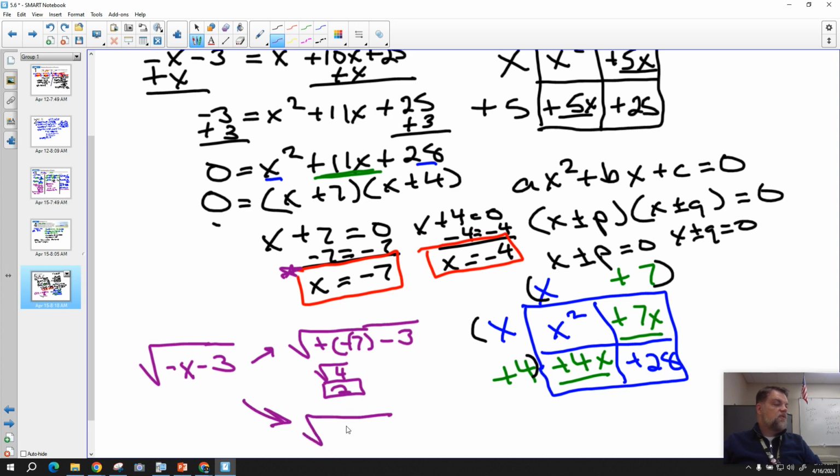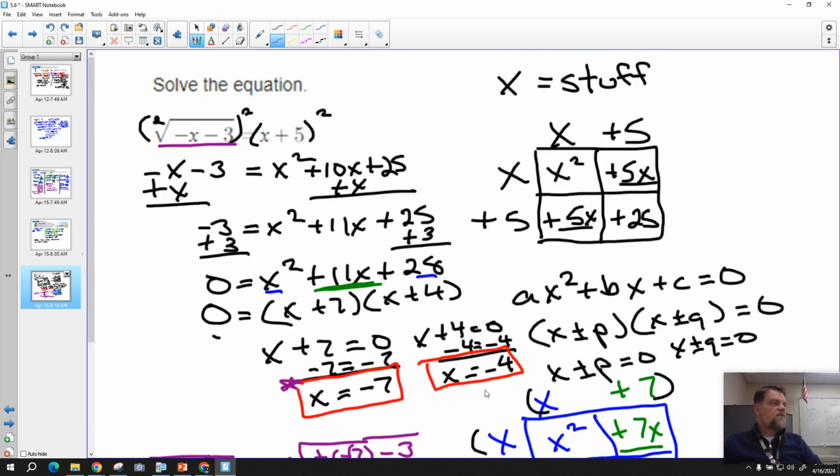If I take the square root of negative, but for x I'm going to plug in negative 4 minus 3. Actually, they both work. This becomes plus 4. And then that equals the square root of 1, which equals 1.